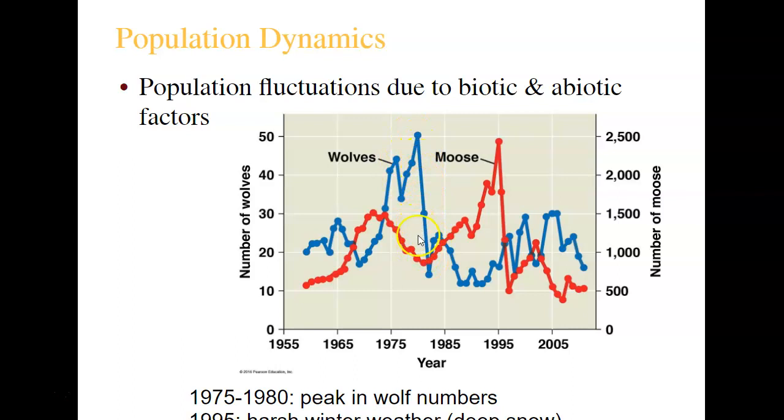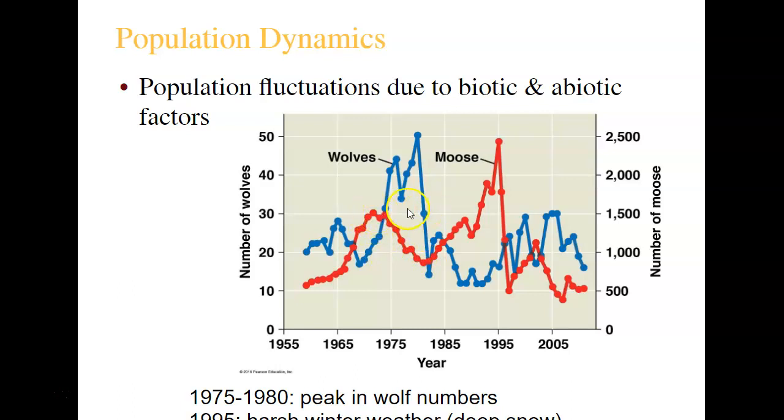And then when the number of wolves goes down, now they're not eating as many moose. So the moose population can recover a little bit and actually go up. And then as more moose become available, more wolves can eat those moose, then their population goes up. So it brings about this oscillation of predator-prey relationships. And you can see that they're not totally in sync.